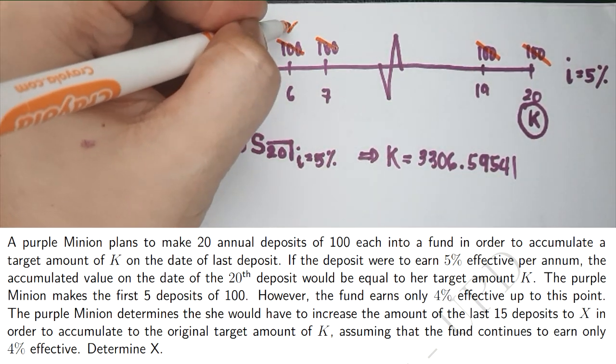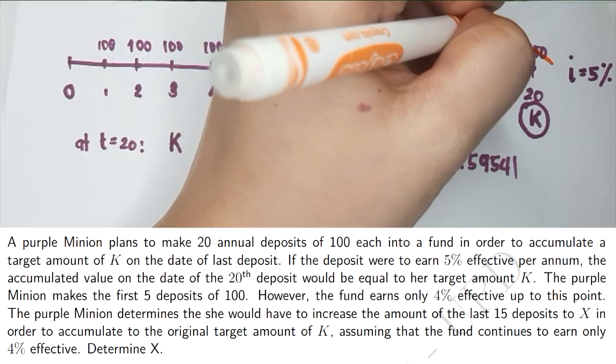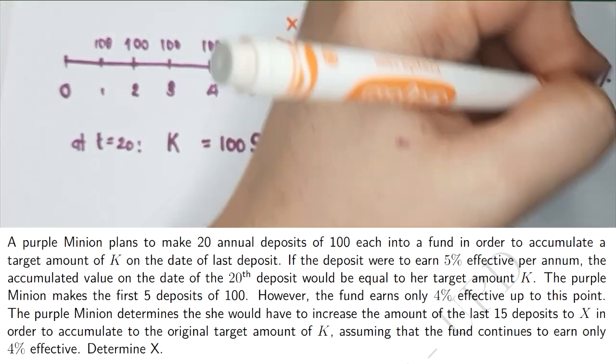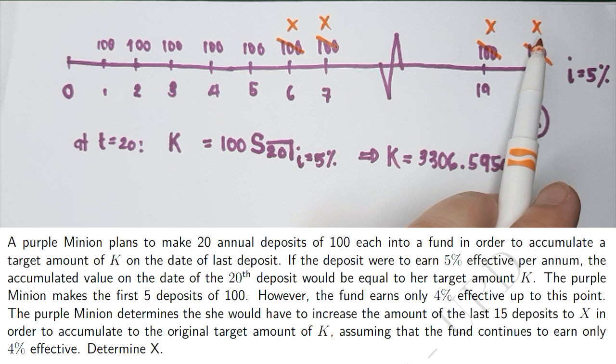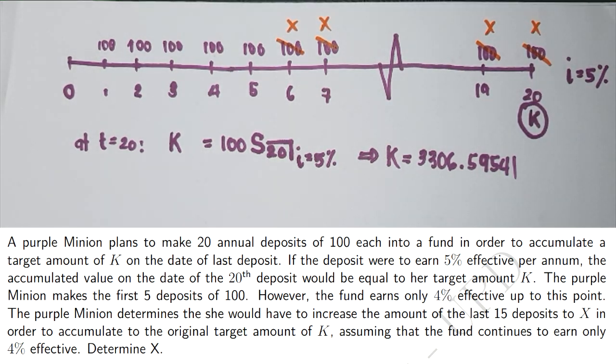I-increase daw niya to X. So, you expect an answer higher than 100. And, according to the assumption, kapag ganyan ang ginawa niya, and assuming that i is still 4%, ma-achieve na ni Purple Minion yung target amount K niya, or this amount.